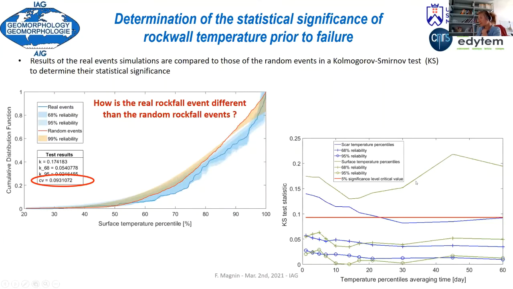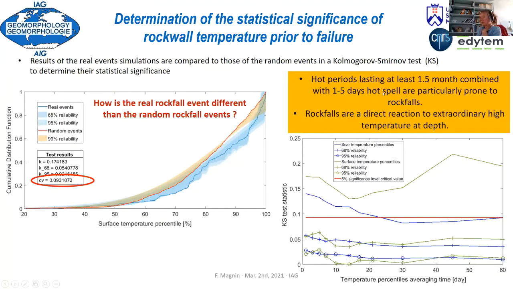This is in relation with the scar depth temperature, which is here, and which is particularly significantly high on the day of rockfall and up to 3 weeks before. So what we can say from that is that hot periods that last at least 1.5 months and are combined with a 1 to 5 day hot spell are particularly prone to rockfalls. And finally, we can say from these curves that rockfalls are a direct reaction to extraordinarily high temperature.